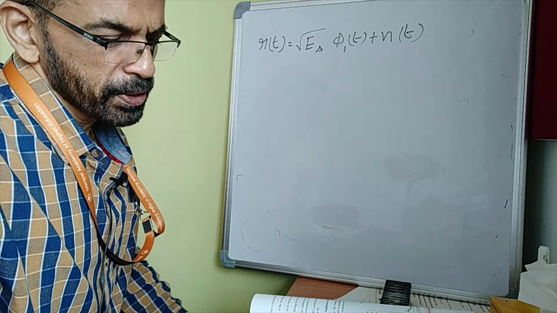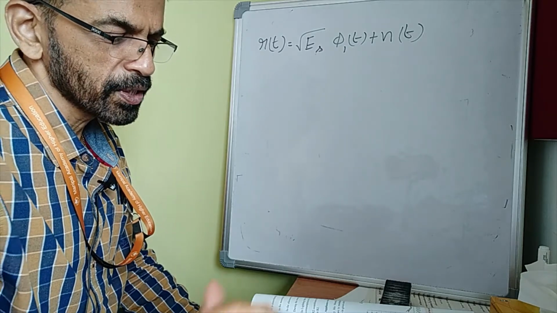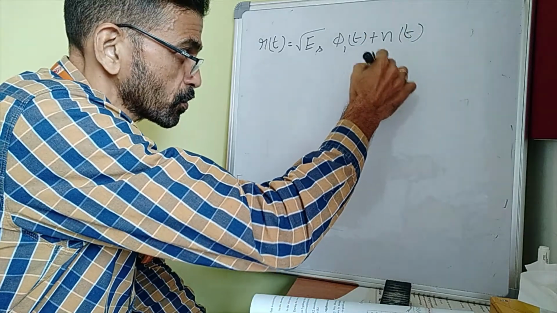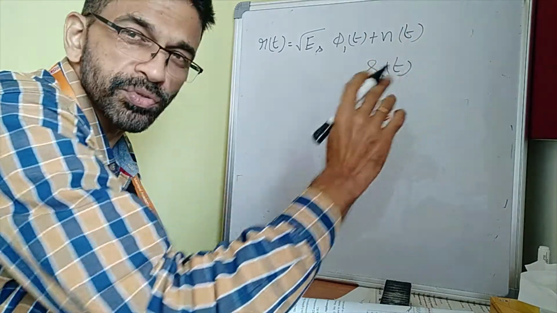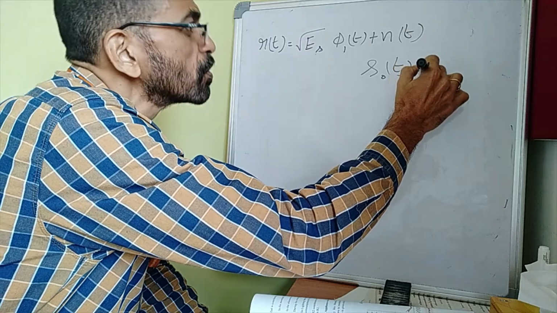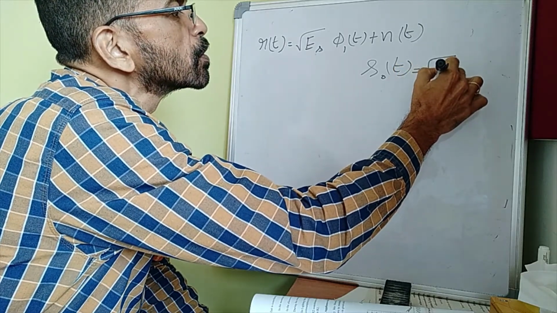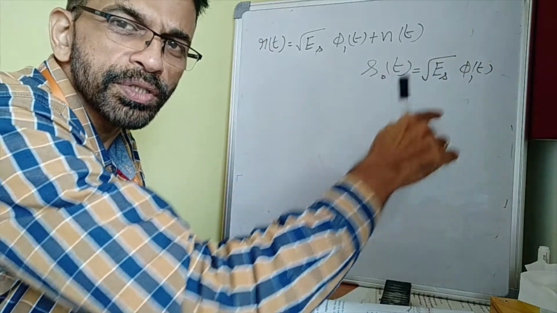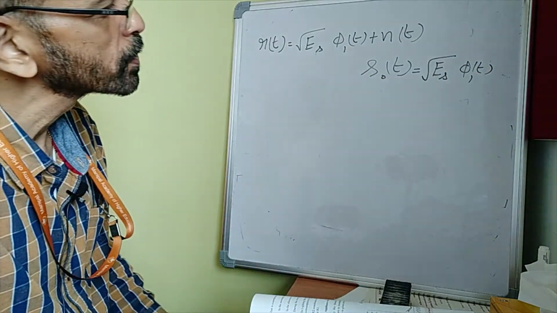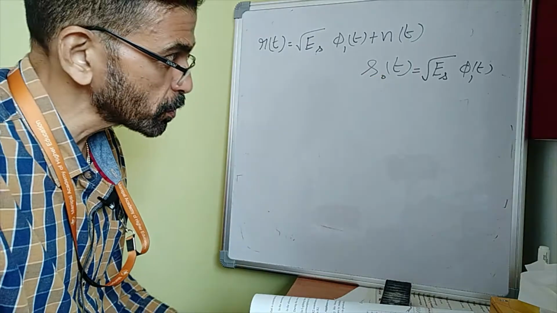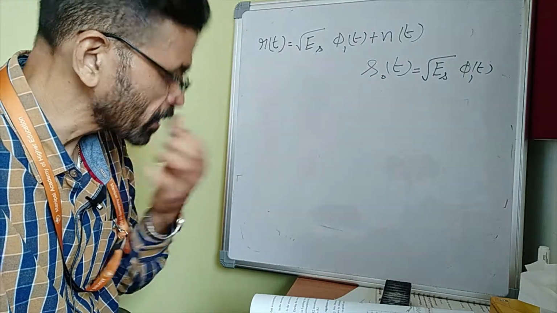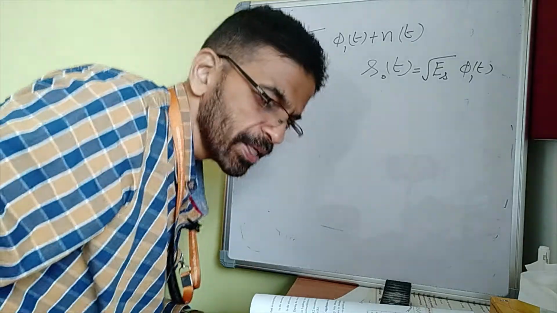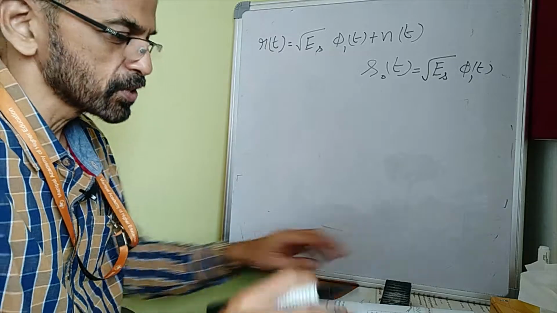From what we have been discussing so far, you can make out that in this case I am assuming that S0(t) was the transmitted signal, because S0(t) is equal to root Es phi 1(t) plus 0 phi 2(t) plus 0 phi 3(t), and so on. If it were S1(t), then it would have been root Es phi 2(t). Anyhow, this is an assumption. I am assuming that S0(t) is the transmitted signal, and this is what we receive.